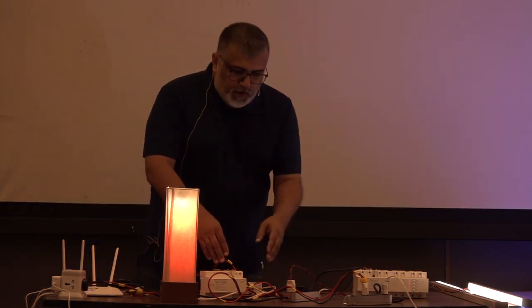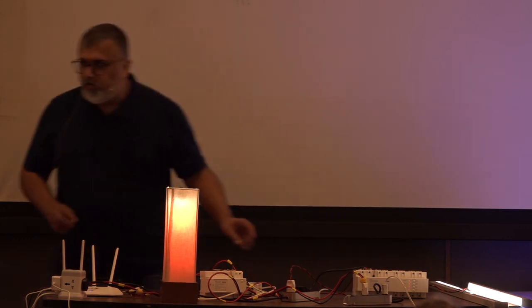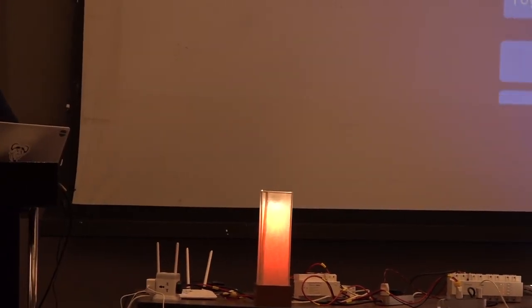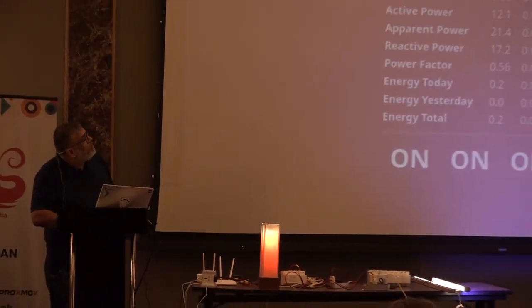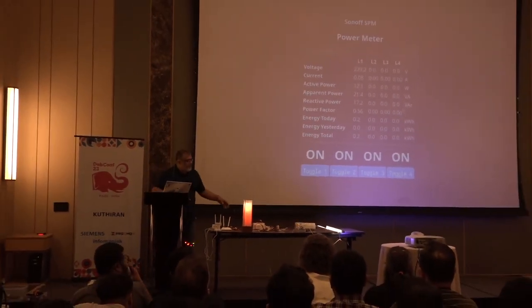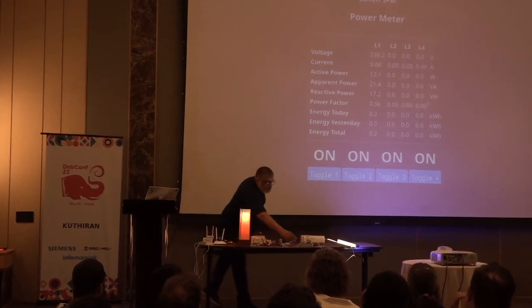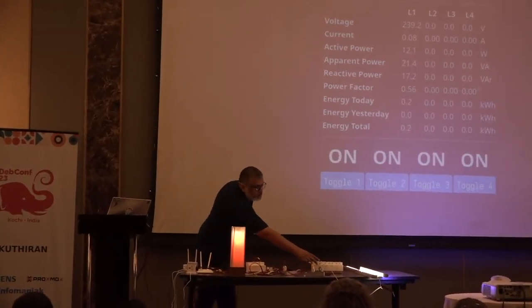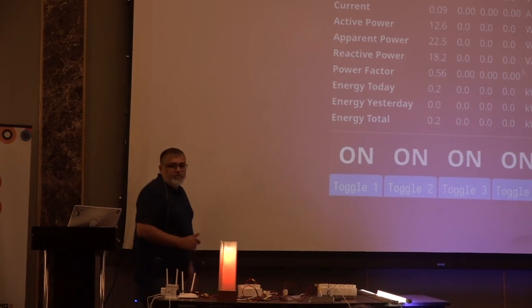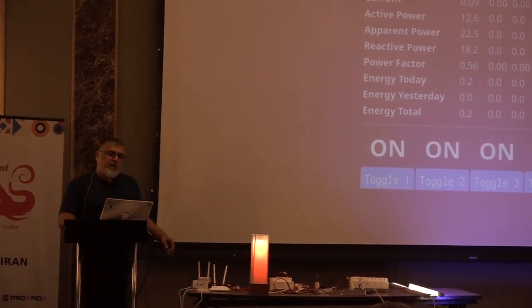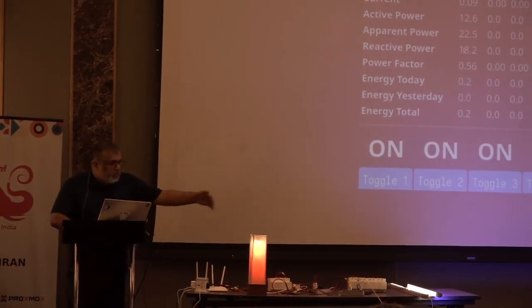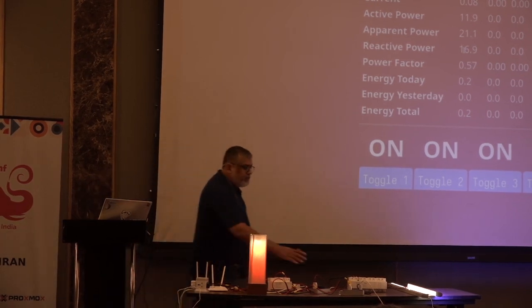So how does it get information about power consumption? You see L1 here, sorry. L1 is the first relay, and we have these things connected to the output of the first relay here. It gets this information over Modbus. There is no microcontroller here.